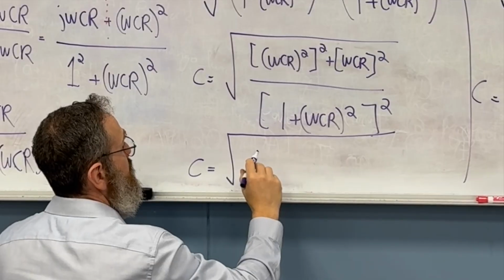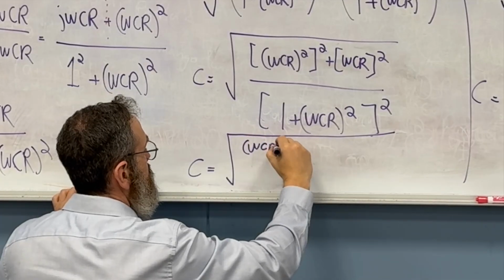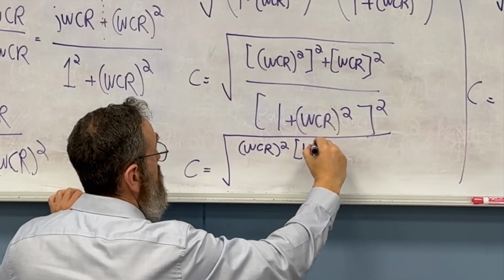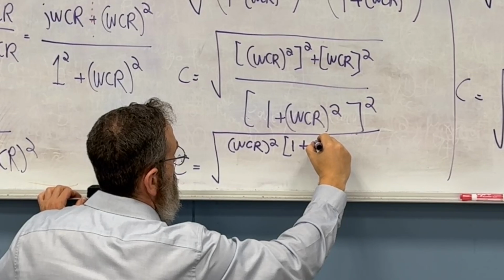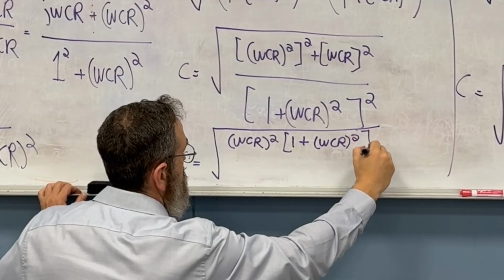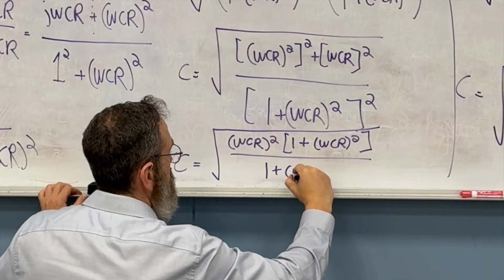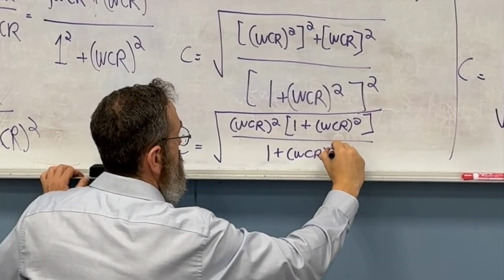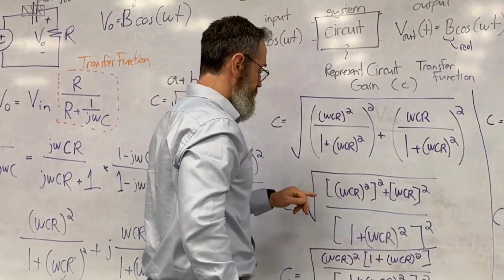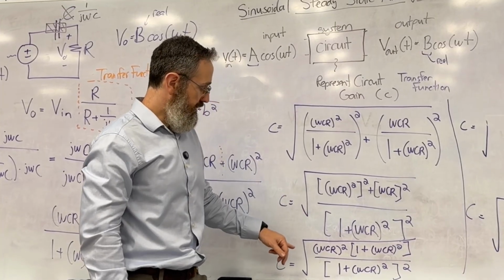This is equal to WCR squared times 1 plus WCR squared over 1 plus WCR squared, all squared. Did I do that right? Yes, yes.